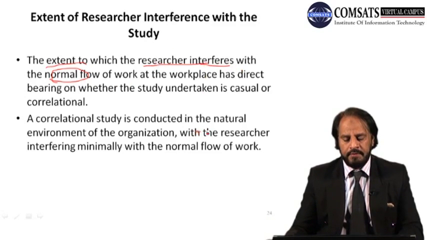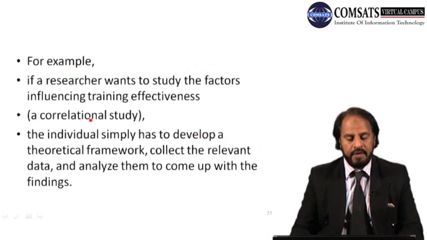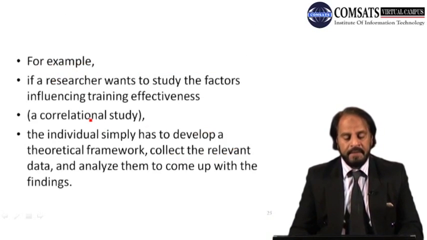So here the normal flow of work is not changed as much as compared to the other scenario, the causal study. In the causal study, you will need a somewhat higher extent of research interference.